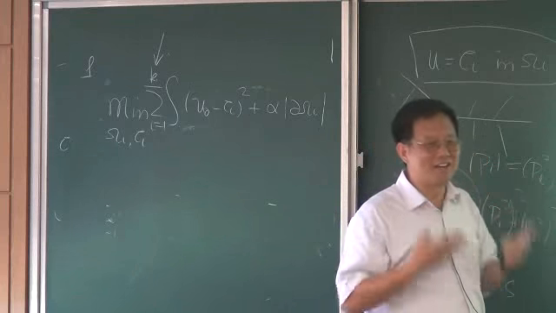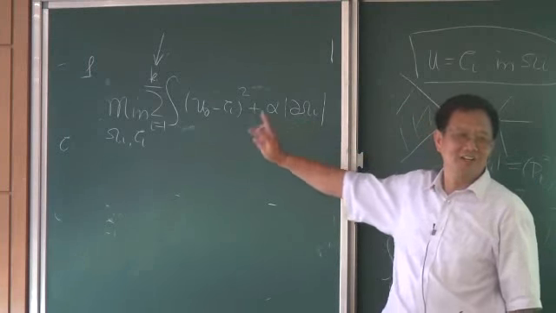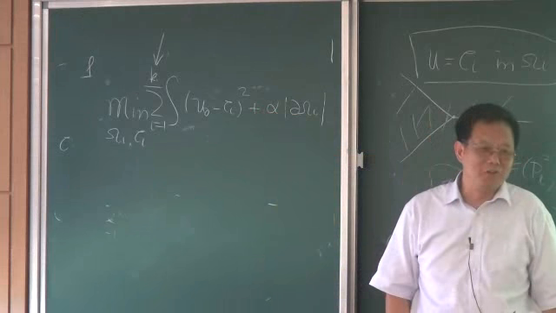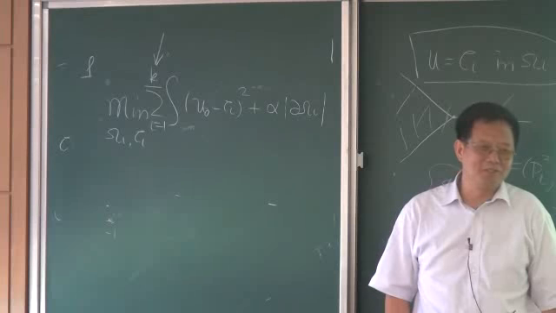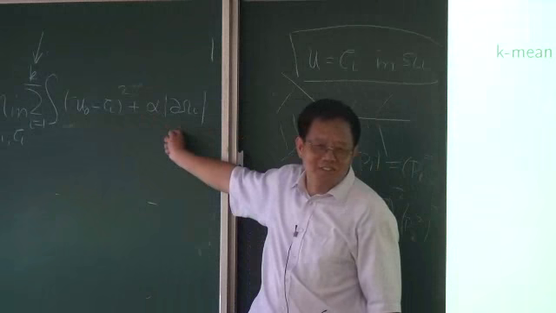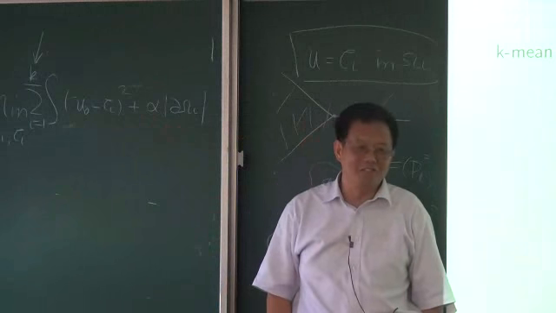The well-known K-means clustering is just taking the regularization equal to 0, alternating between those two. That's the well-known K-means algorithm. That's also related to what Kim was talking about. If you just add the regularization term, we come to the Mumford-Shah, we come to the Chan-Vese model.